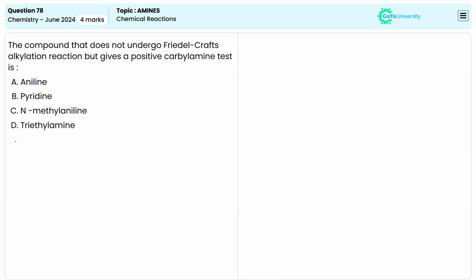Okay. Now coming to the second one: the compound that does not undergo Friedel-Crafts alkylation reaction but gives a positive carbylamine test. Okay, so which is the correct answer?